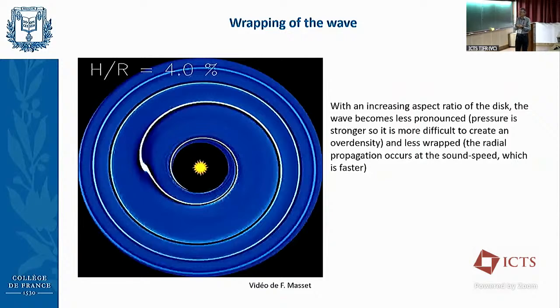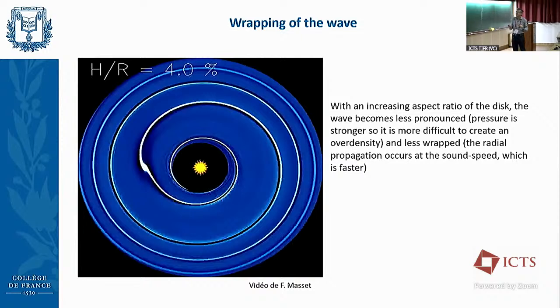Also, the higher the scale height, the aspect ratio, the faster the sound speed. That means that in a synodic period, which is a cycle of the wave, the pressure pulse has traveled farther, because it travels at the speed of sound. And so the wave will be less tightly wound.